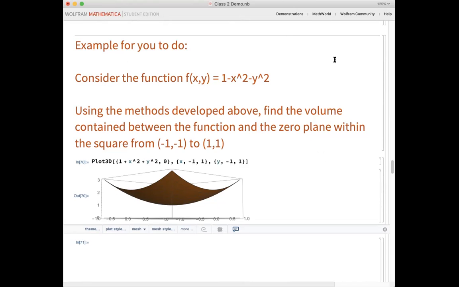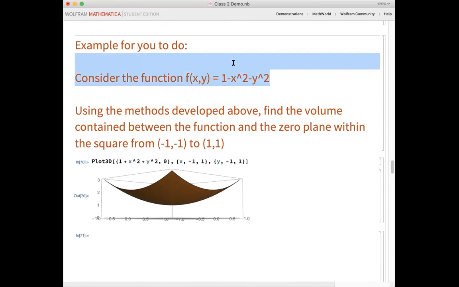I know it hasn't been very long, but does everyone have an idea of where to start? Has everyone sort of gotten started?